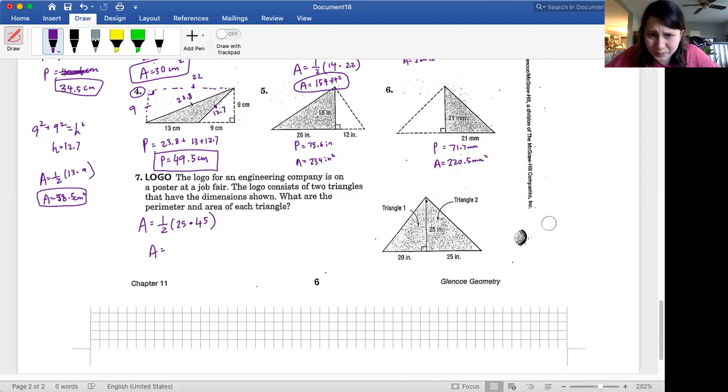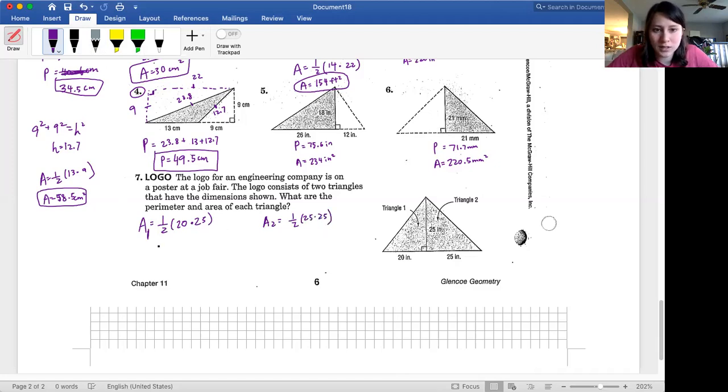However, I guess actually, if I read a little more carefully, it's saying find the area of each triangle. So I need to find both areas and both perimeters. So looking at triangle 1, it's actually just 1/2 times 20 times 25. I'm going to say area 1 here is 1/2 times 20 times 25. And then the area 2 would be 1/2 times 25 times 25.